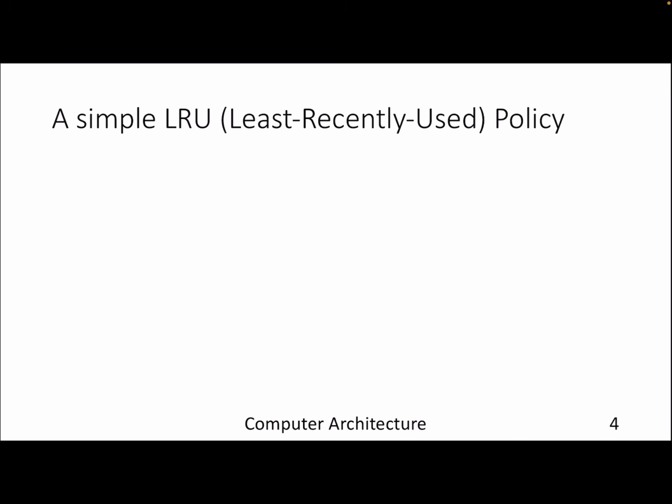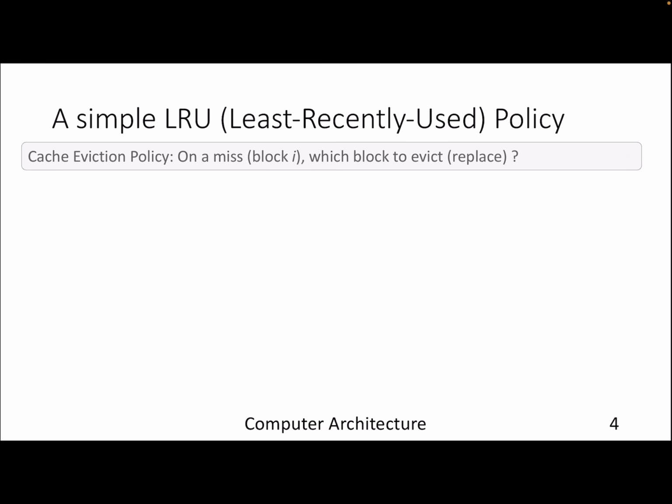Let's talk about the least recently used policy, or LRU policy, that evicts the block which is not recently used. We'll have priorities for each block. Whichever block is placed in the LRU position will be kicked out. As I have mentioned, the eviction policy decides which block to evict or replace.